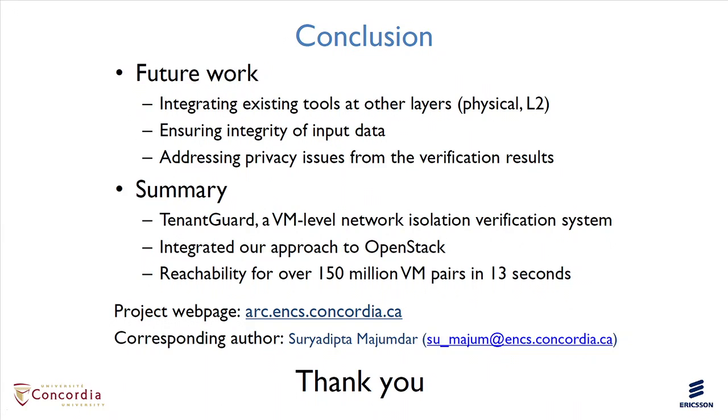Also, we want to explore how we can ensure integrity of input data, and also to address privacy issues from the verification results. So in summary, here we propose TenantGuard, a VM-level network isolation verification system. It is built on OpenStack, and TenantGuard can verify reachability for over 150 million VM pairs in 13 seconds. Thank you very much.